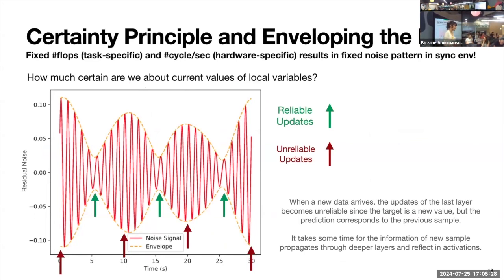Basically, this shape of noises and this arithmetic envelope that we see is related to the characteristics of our hardware, like our brain, and the task. For example, the number of flops you have to do in one layer, and the number of cycles of the hardware to process these flops, are two factors that are fixed, right?